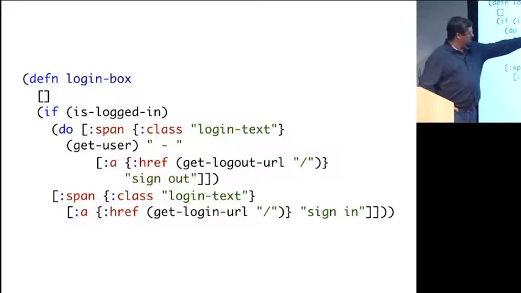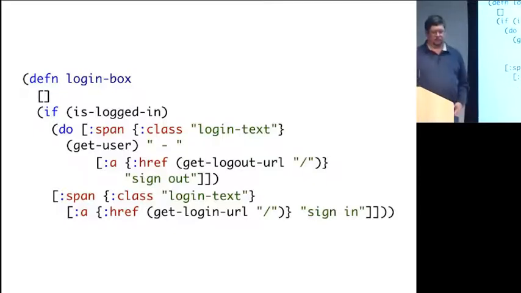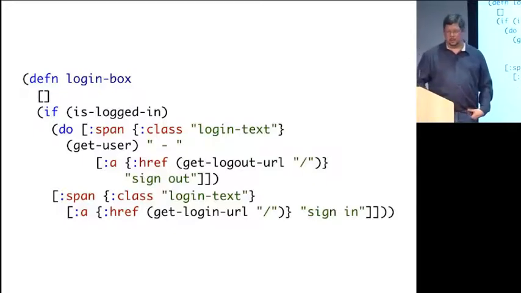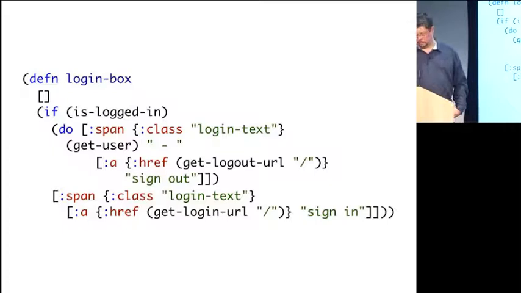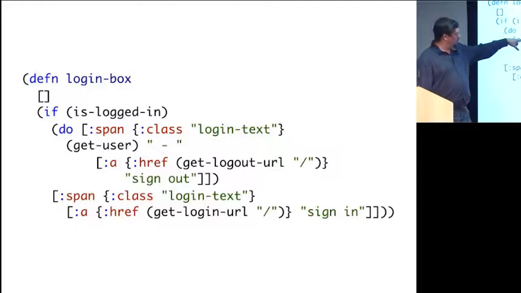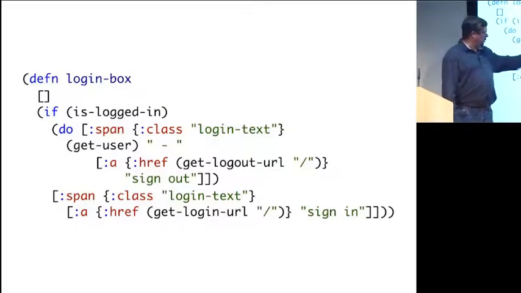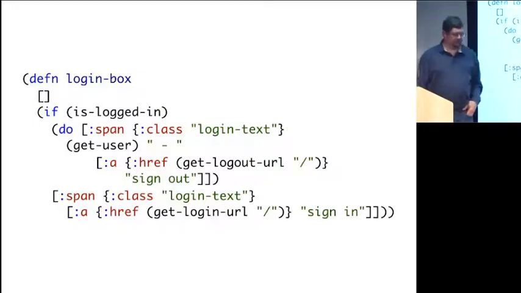So you have spans and anchor tags and href attributes and things. And this gets traversed and turned into HTML after this code runs. And so this is a little helper method we wrote for a login box. If a user is logged in, then we build a welcome message for the user and give you a logout link.